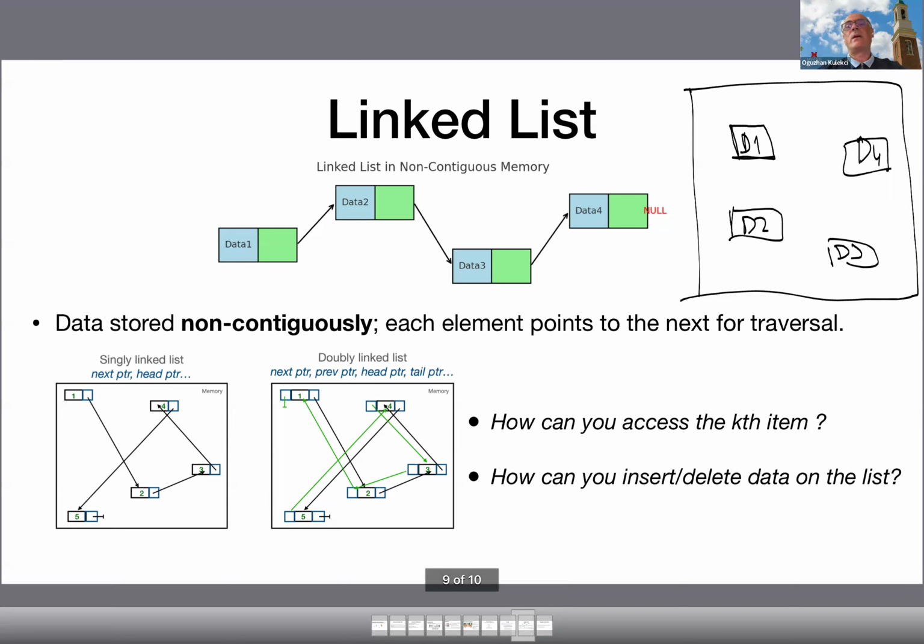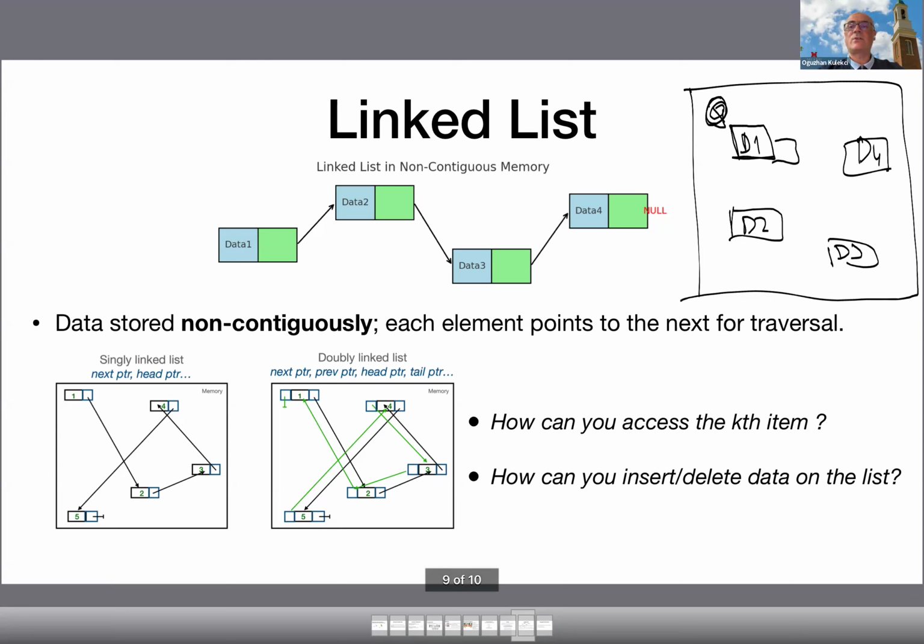If I would like to traverse this data, I will start with the first one. Assume I know its address, okay? When I go to the first data point, how will I know where the next one is? Because it's not contiguous, right? Since it's not contiguous, I need to know the address of the next position.